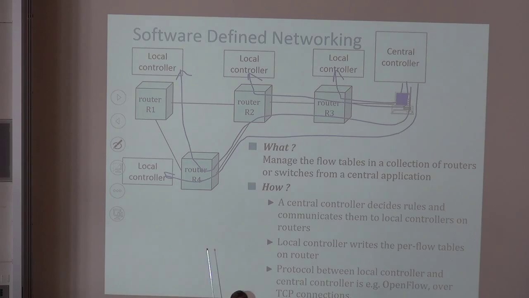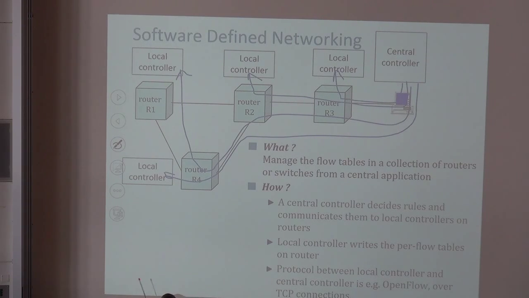They receive the commands from the central controller and they translate them into corresponding entries into the per flow table. This is typically done over TCP connections. So the central controller speaks to all the intelligence of all the routers over TCP connections, which are typically also multi-hops. The central controller is not directly connected to all routers.